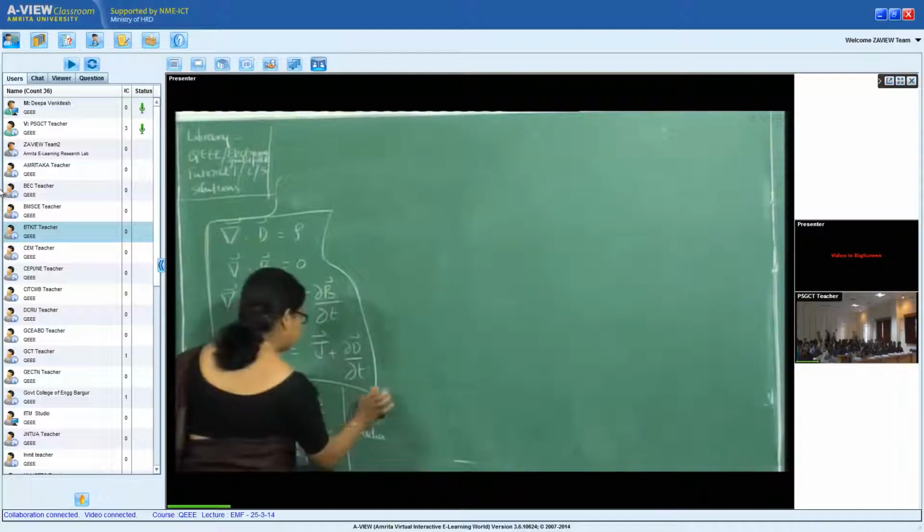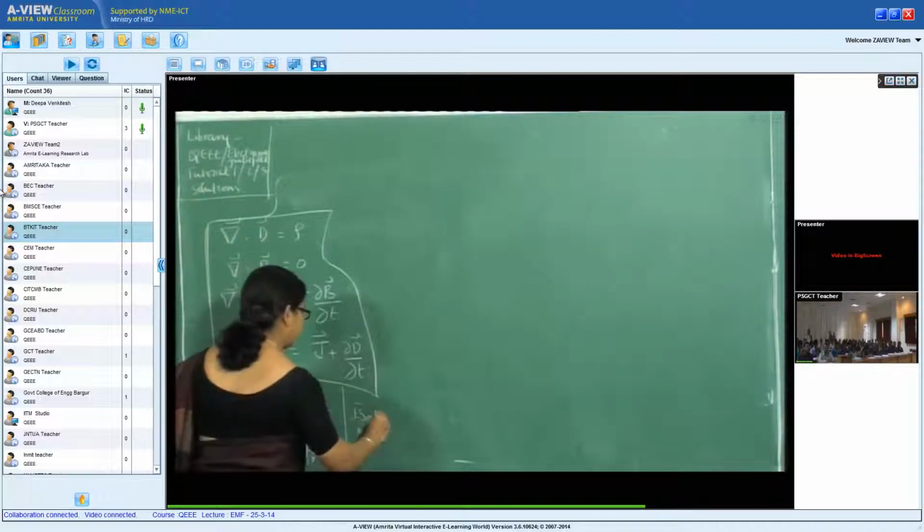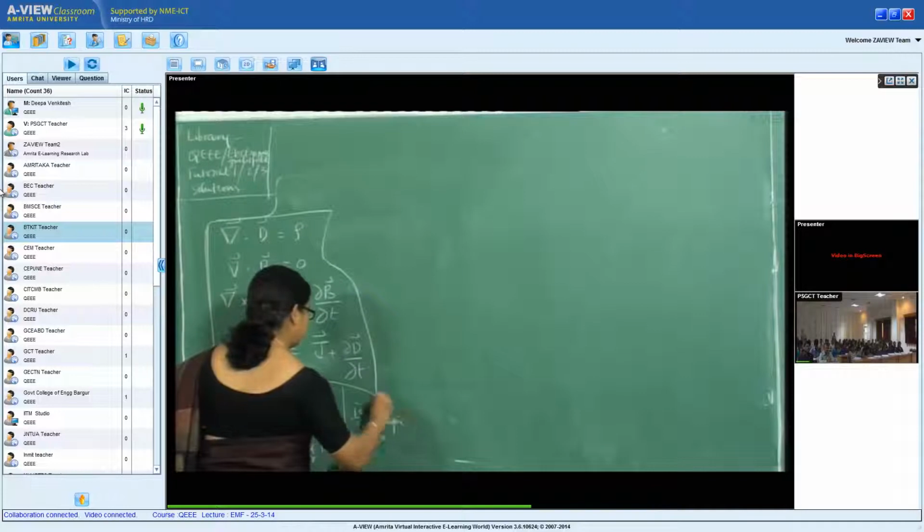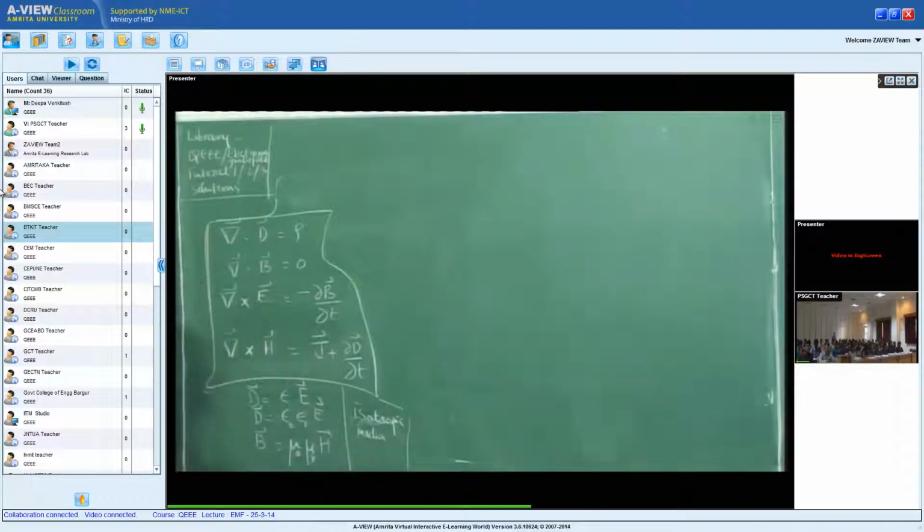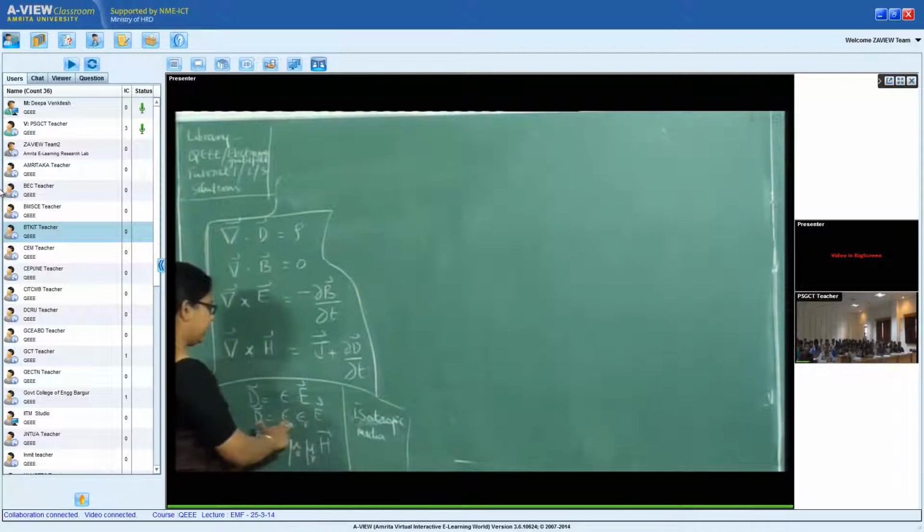Well, the linear relation for an isotropic medium, which simply says that the E vector and the D vector are parallel, scaled by this factor in the case of an isotropic medium. Or rather, that is how you define whether the medium is isotropic or not. In case of vacuum, your epsilon r is 1, mu r is 1, so it is simply D is epsilon 0 E, B is mu naught H.